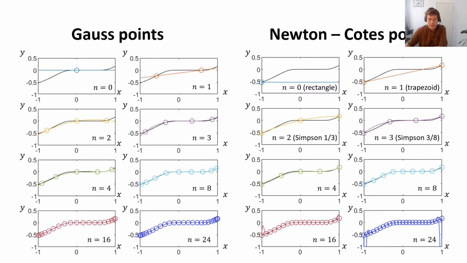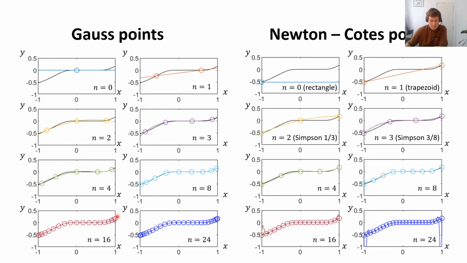So here we see, and I'm not going to tell you just yet how we got these Gauss points, we will come to that later in this video. But you see that by intelligently choosing the location of such points, they are not equidistant, as you can, for instance, see over here. For NS8, we have a much smaller spacing close to the edge than we have in the middle.